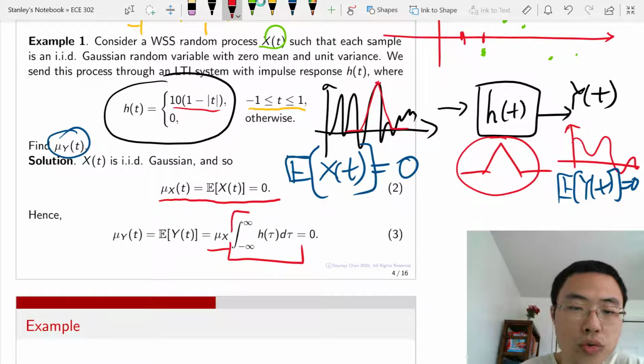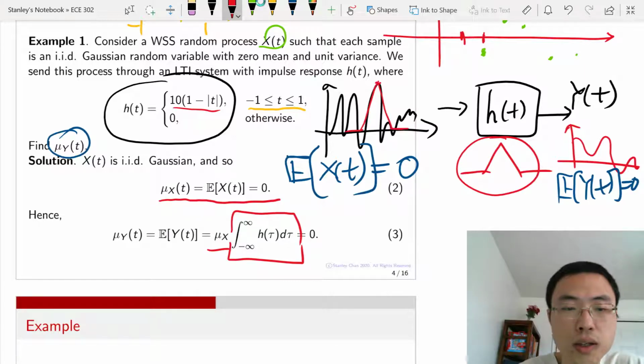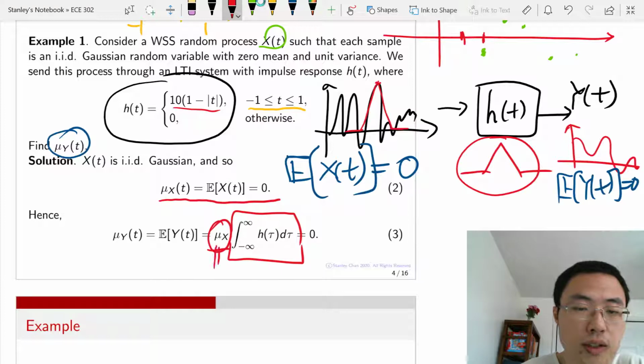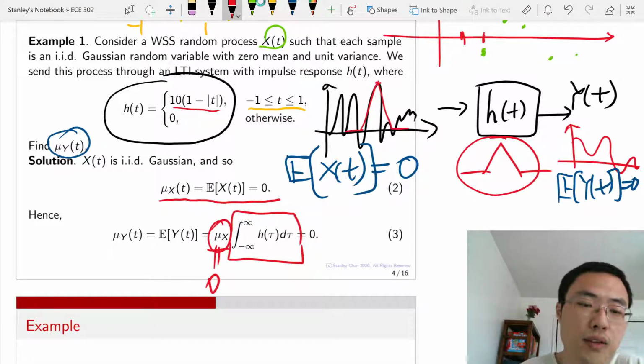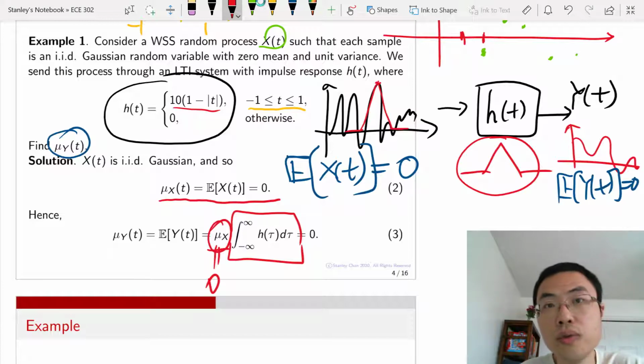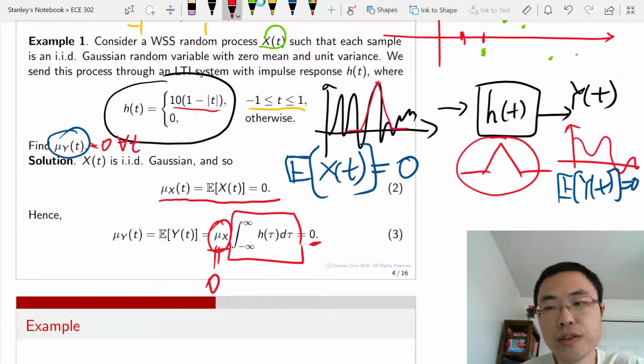So no matter what you obtain from this integration, this mu x is 0, guaranteed. Therefore, when you take this product between mu x and the integral, you will get 0. And therefore, mu y is 0 for all t. And this is consistent with our intuition.